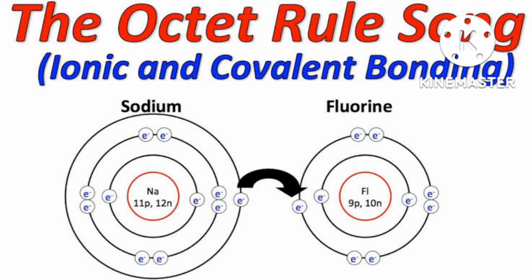Ca2+ and 2F minus: calcium ion and fluoride ion, 1 calcium ion, Ca2+, and 2 fluoride ions. This is called the reactant, and the product you will get is CaF2, calcium fluoride.